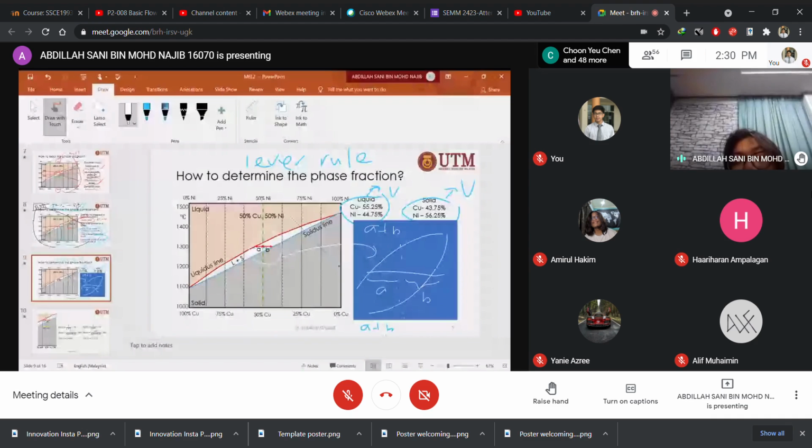If you want to know the amount of liquid, you don't take A, but rather you take the opposite side. You take B and divide it by A plus B. So the fraction of L is B over A plus B. For the fraction of S, or solid, you take not the nearest one, but the other way around.